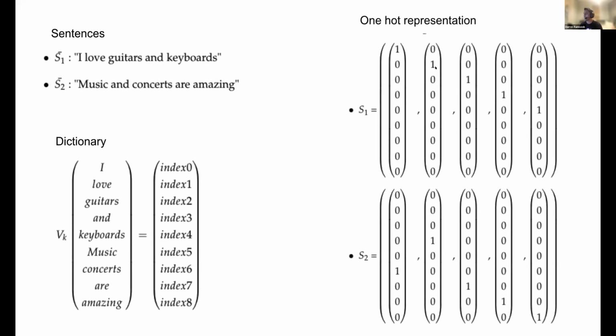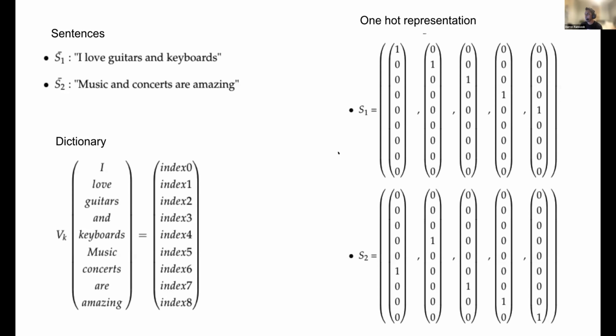A one-hot representation of sentence one would look something like this to the top right here. So sentence one: I love guitars and keyboards. Each element of this list corresponds to a dictionary entry, where a one symbolizes that the word is present at that location.